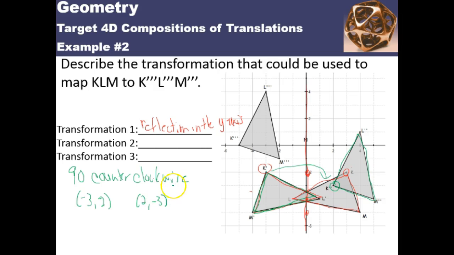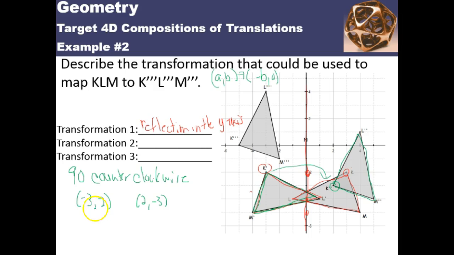And the rule for a 90 counterclockwise rotation is: a, b gets mapped to -b, a.